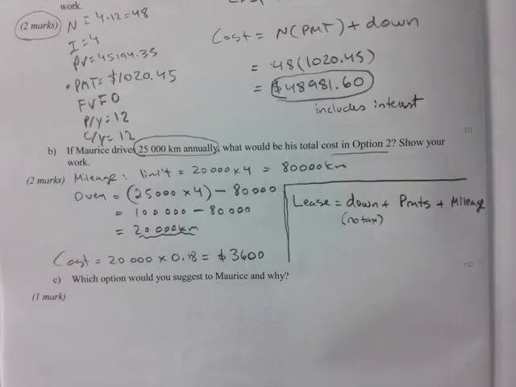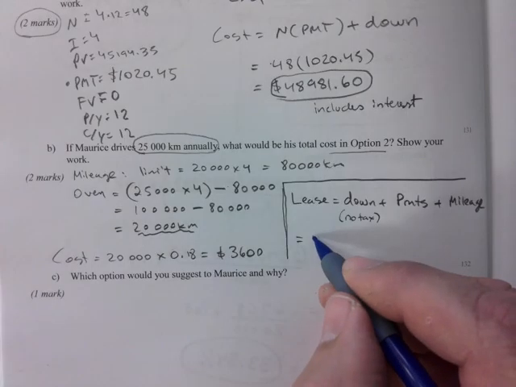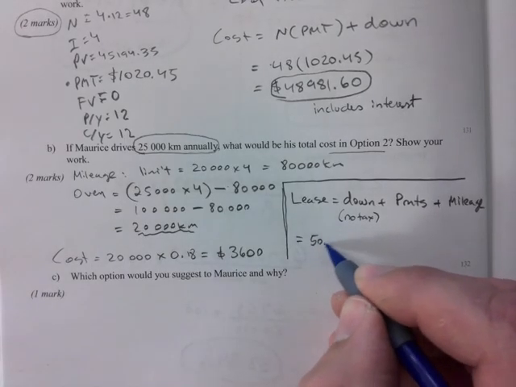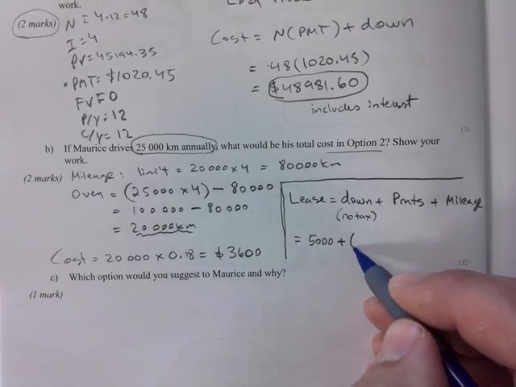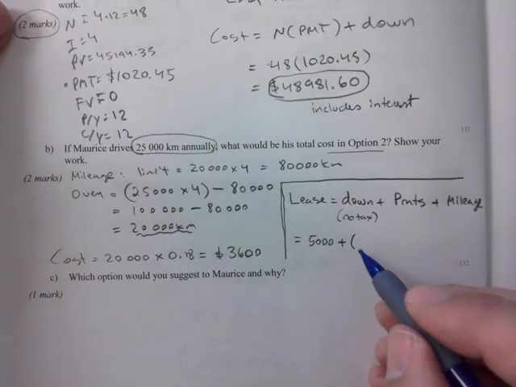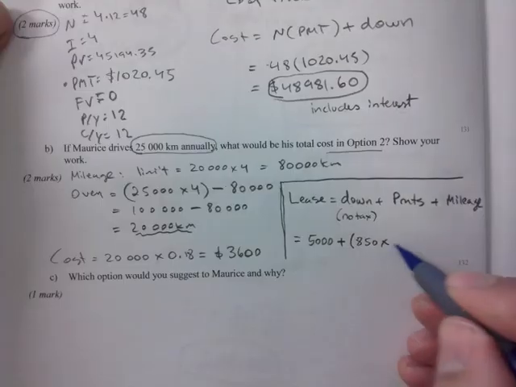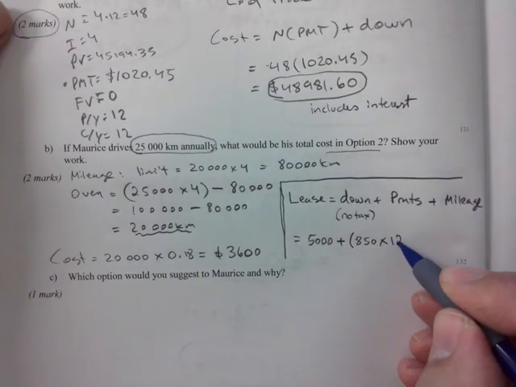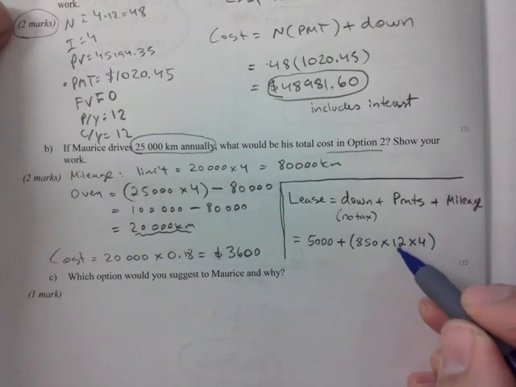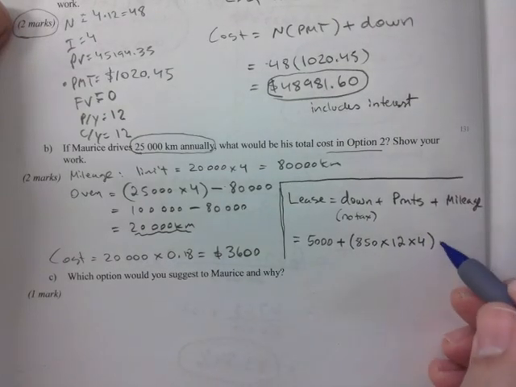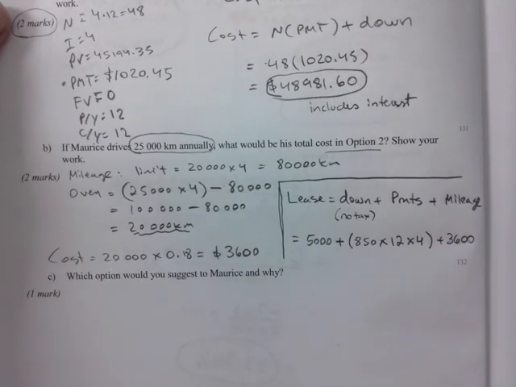Our down was 5,000 plus the total payments. Our payments were 850, made for 12 months in a year and 4 years, so basically 48 payments of 850, plus the mileage. Everything has taxes included, so I don't worry about the taxes.